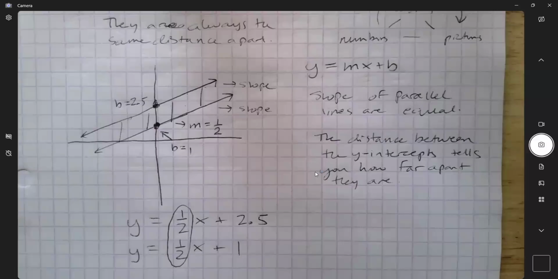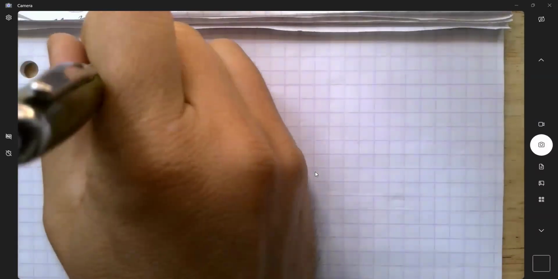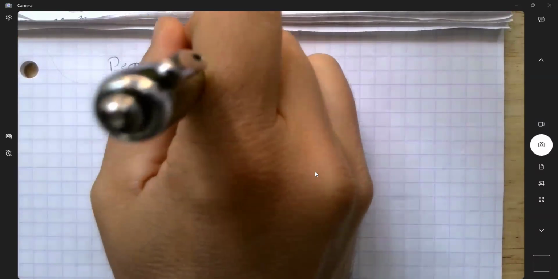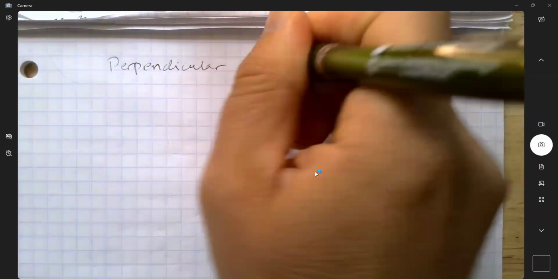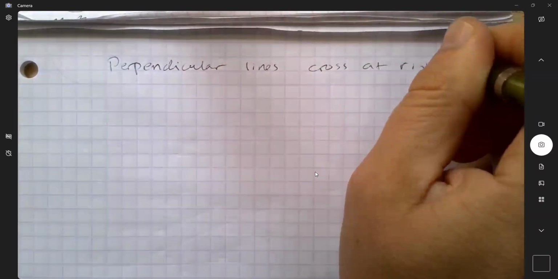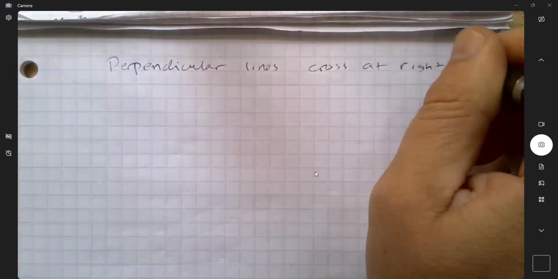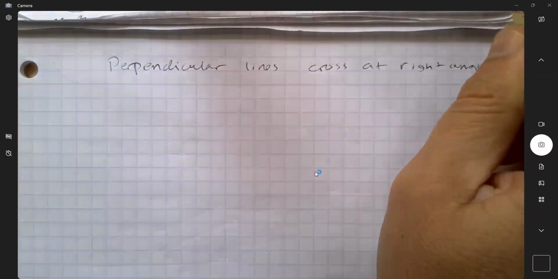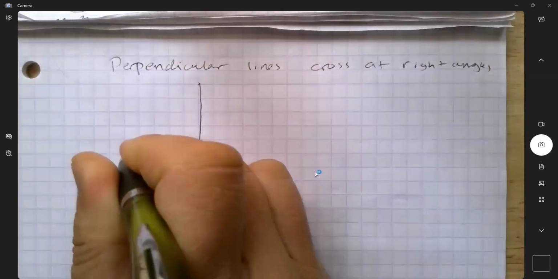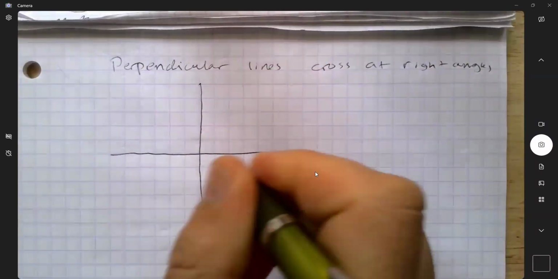Okay, that covers parallel lines. Now let's talk about perpendicular lines. Perpendicular lines cross at right angles. So again, let's start with the graphical representation.